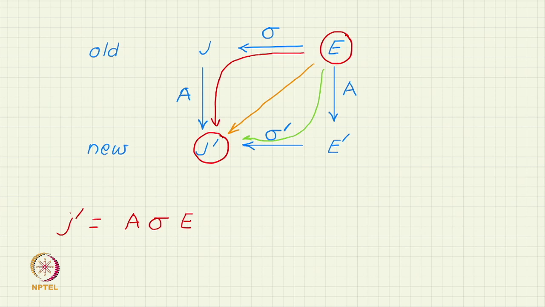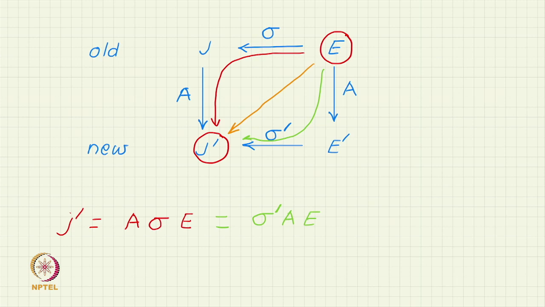But if I take the green route, I first multiply E with A to get E prime, and then I multiply by sigma prime to get j prime.